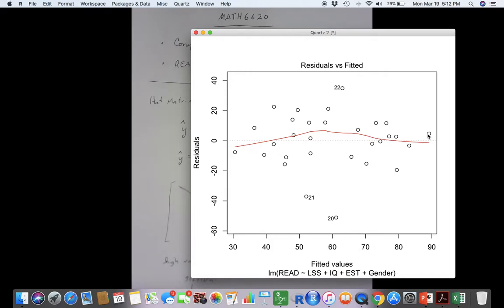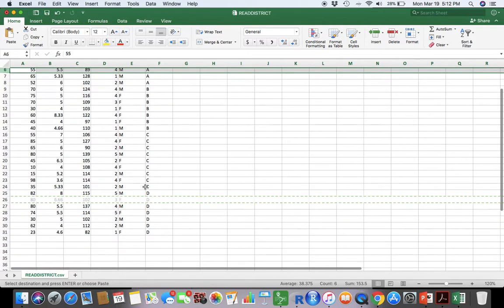The third assumption, we look for outliers. I have some concerns with cases 20 and 21.